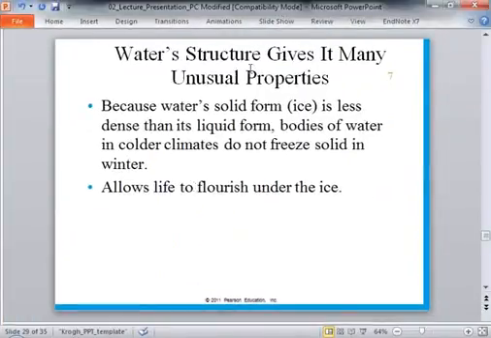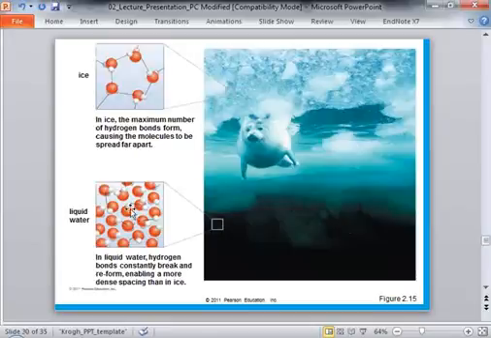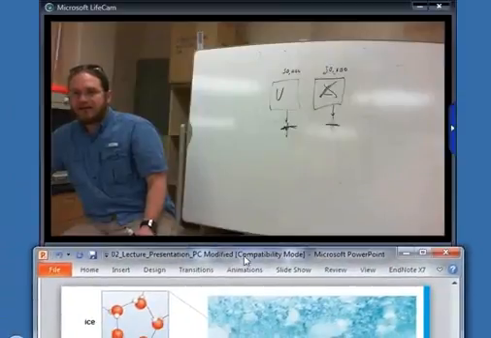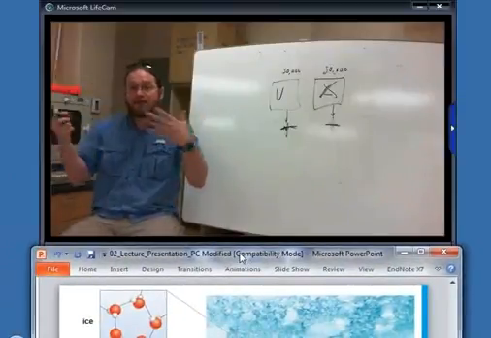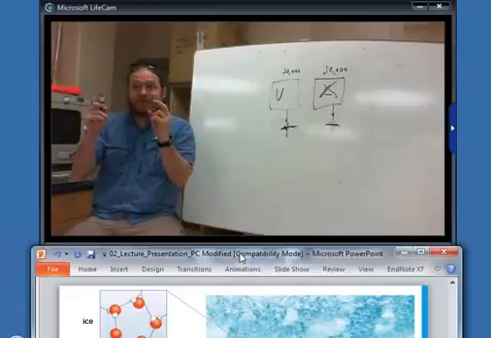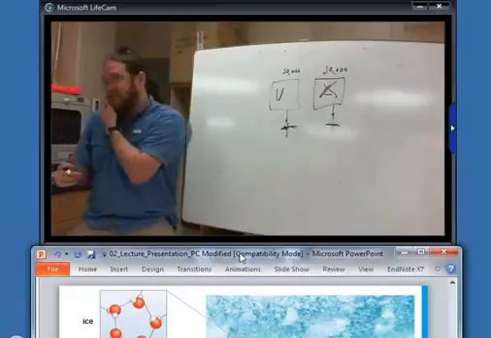Most things, as you make them colder, become more dense. But with water, it is most dense at about 4 degrees Celsius, and it becomes less dense when it's ice. Ice actually has the molecules spread out a little bit farther than water. And you can tell that this is the case because ice floats in water. It's less dense, it's functionally lighter, so it goes to the surface.